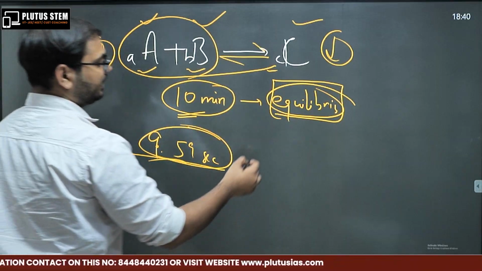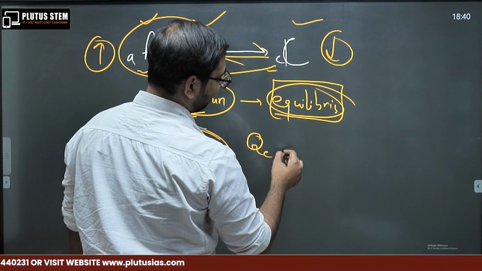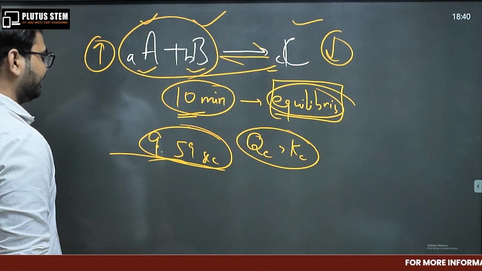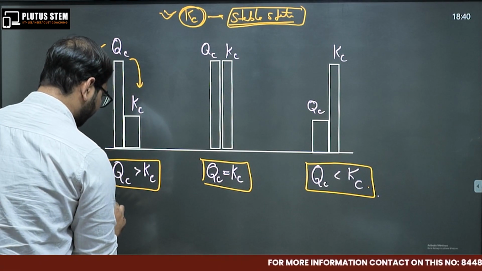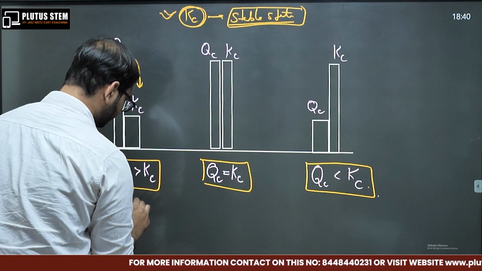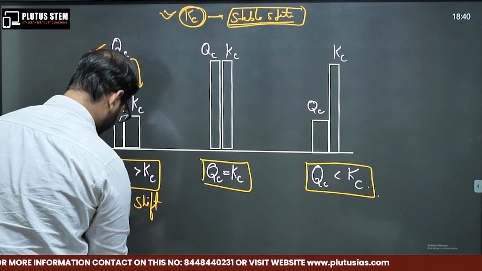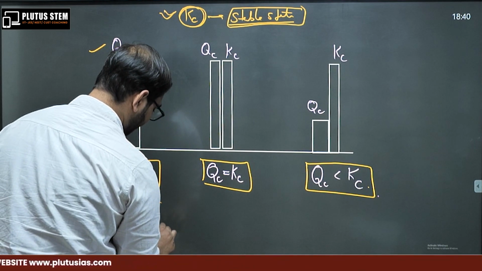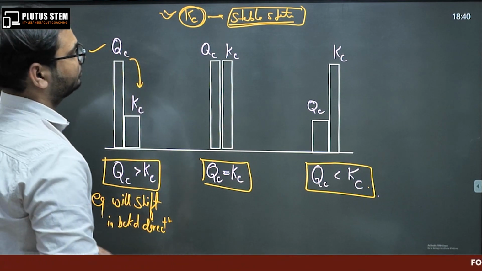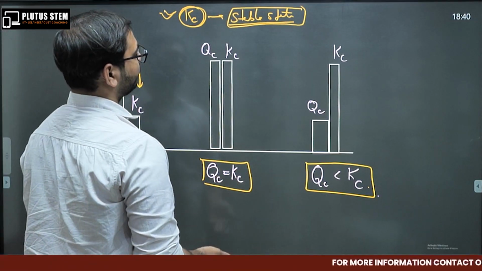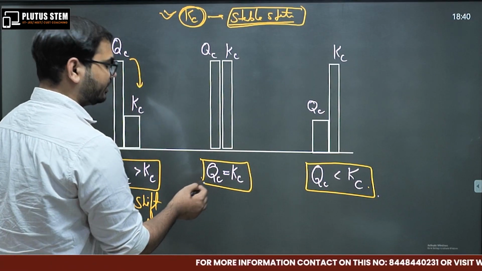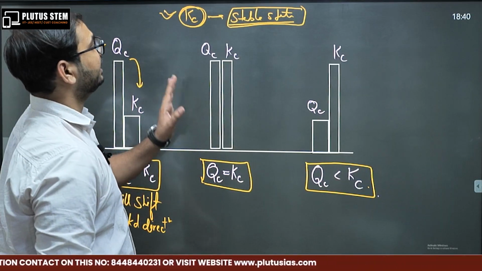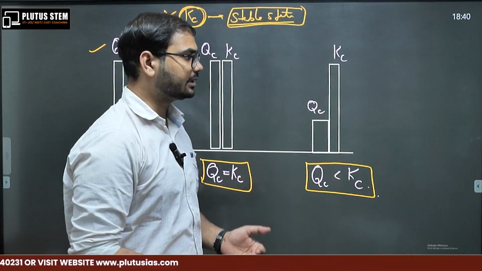So if Qc is higher than Kc, I can predict that the equilibrium will shift in the backward direction. Now, the point where Qc equals Kc means the reaction is at equilibrium, because there is no specified direction in which it wants to move, since the system is already in its optimal state.